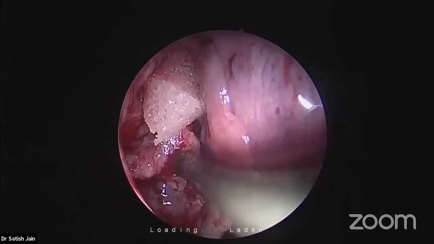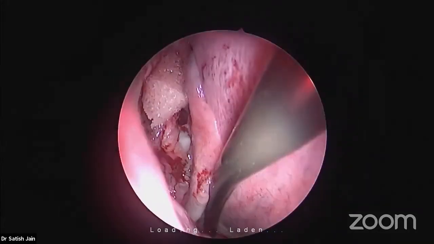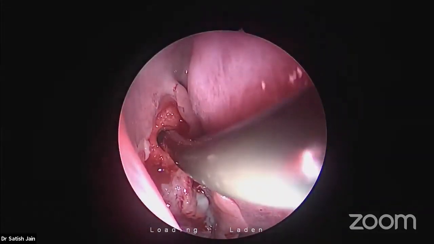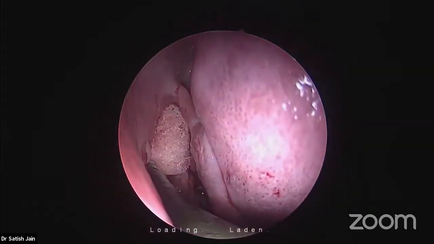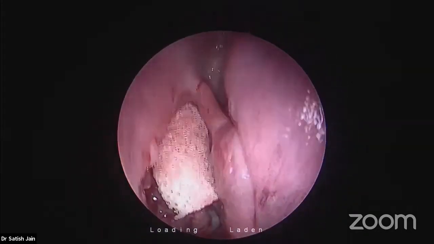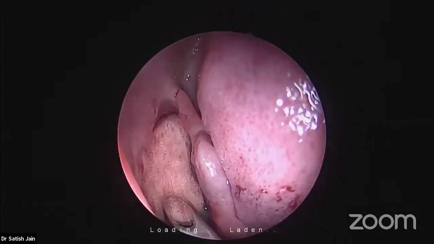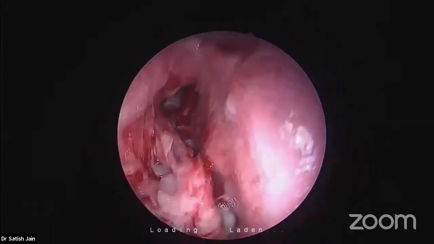Got my point? You need to see on CT scan whether there is a suprabullar cell. Your anterior ethmoidal artery may be more exposed to be injured.